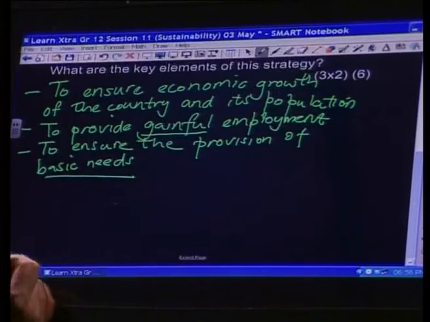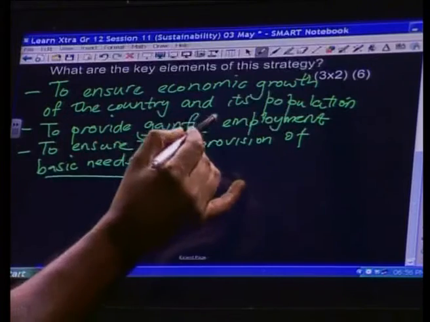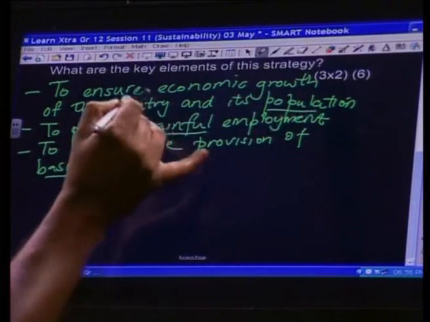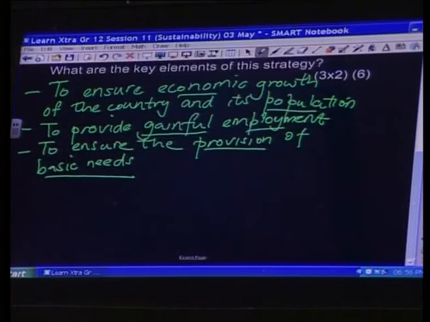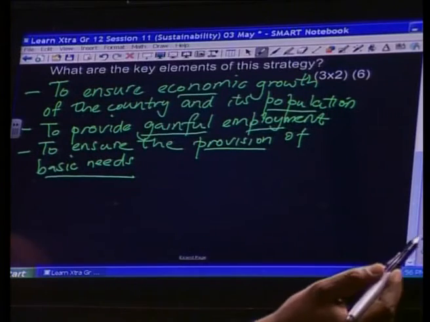Most of our population were deprived of these basic needs, and what the GEAR strategy tried to ensure is some of these key principles: to ensure economic growth of the country and its population, to provide gainful employment, as well as the provision of basic needs. Moving on to the next question.